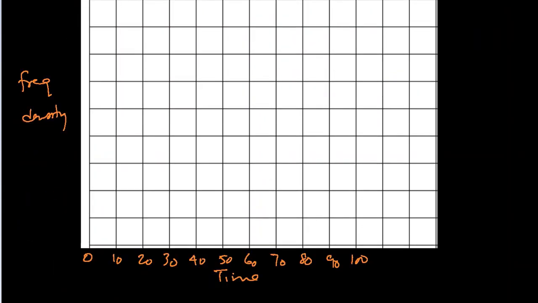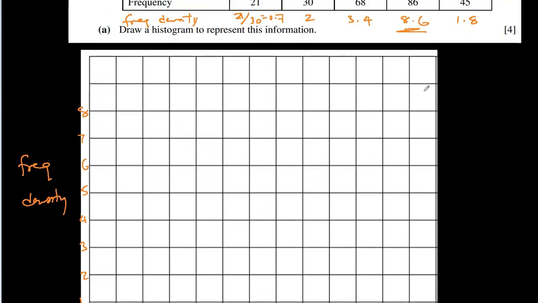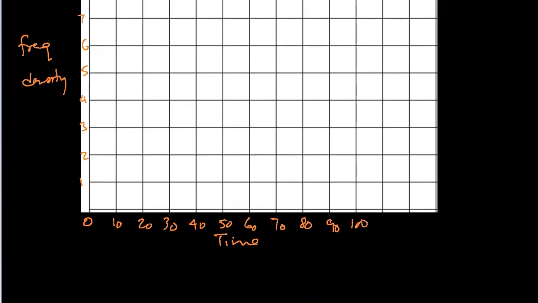So we will start with 0 again, and we have to reach up to 9 because 8.6 is the highest. So let's write here 1, 2, 3, 4, 5, 6, 7, 8, and there will be 9 there. So the first bar will be 0.7 units tall and width is 30, from almost 0 to 30.5.